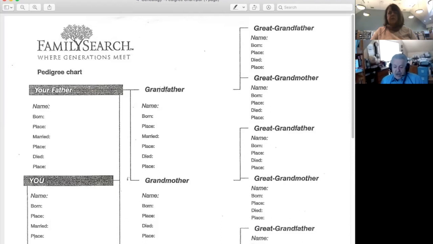The same information is found, except that in order to fill the spaces in, they've left out married, you'll notice, under great grandfather. I think it's a very good idea to try to squeeze that in anyway, because actually you want to have that information. But for spacing purposes, for this one piece of 8 by 11 paper, they deliberately left it out. But I don't think you would want to leave it out.